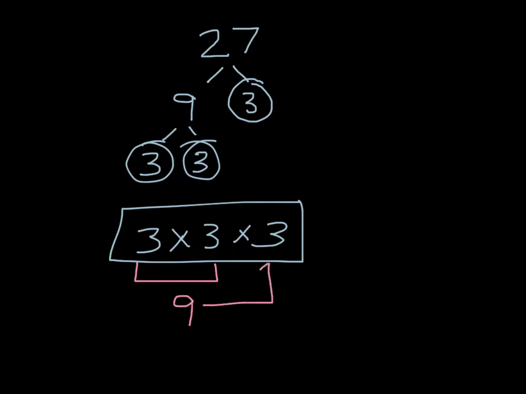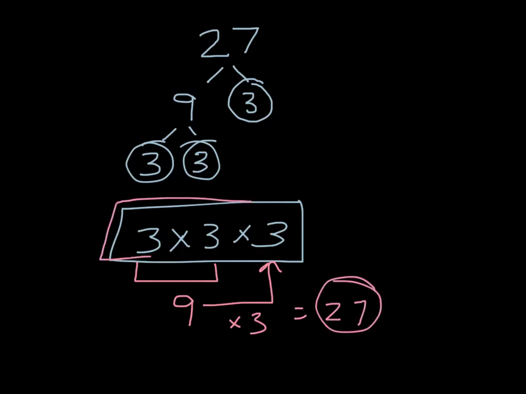And then 9 times 3 equals 27. Whenever you find your prime factorization, multiply the numbers together. You should always get the number that you started with. If you don't, then you might have a factor that's missing in your prime factorization if you don't come up with the original number. So it's a great way to check your work.